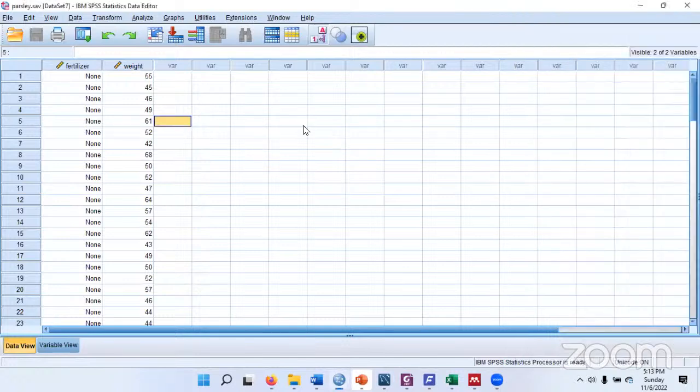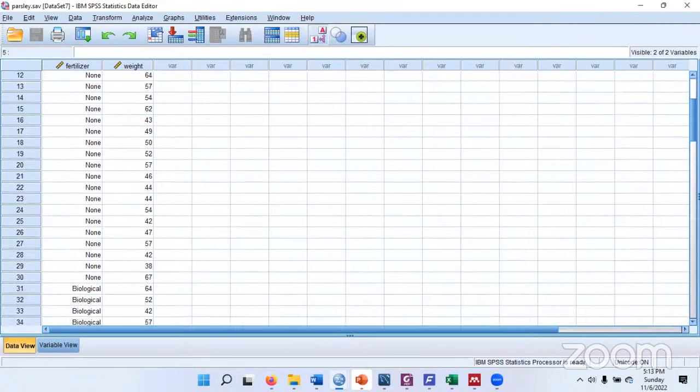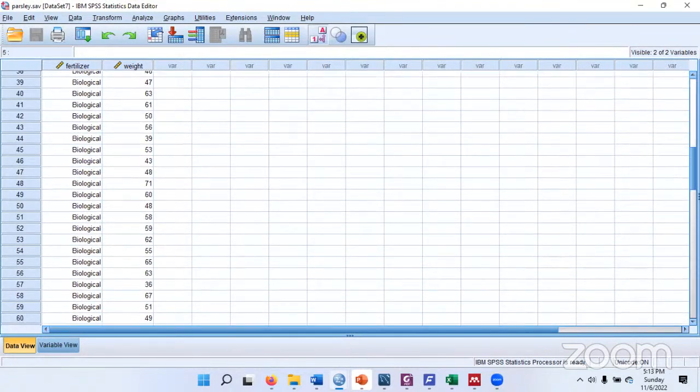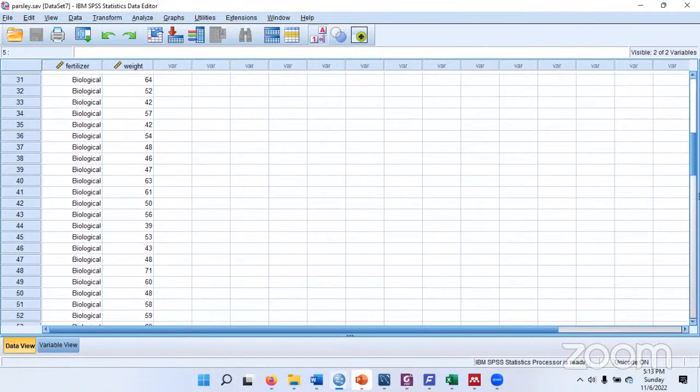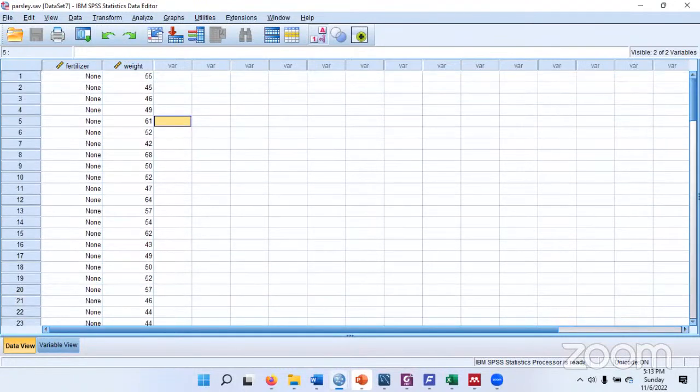Can you see my screen? So this is data with respect to different categories. You have the weight of a produce.